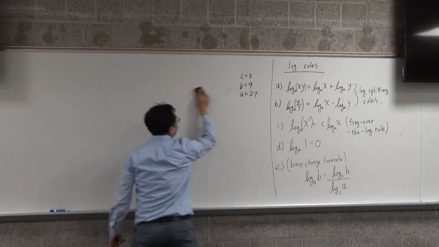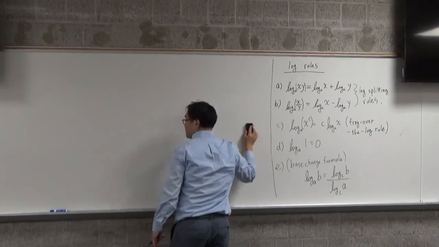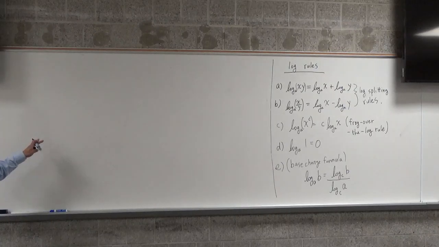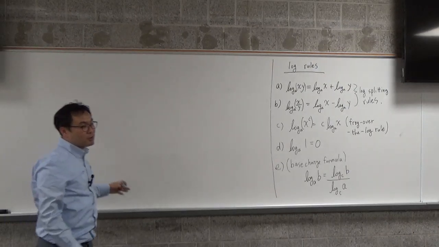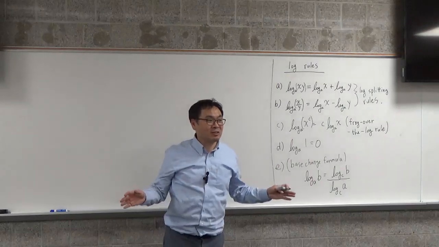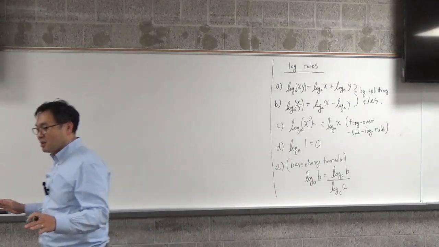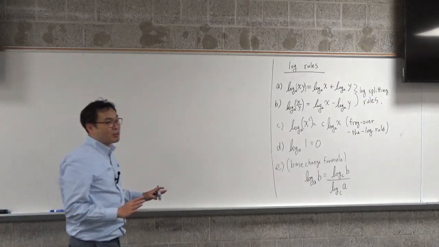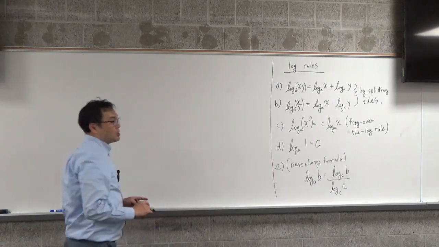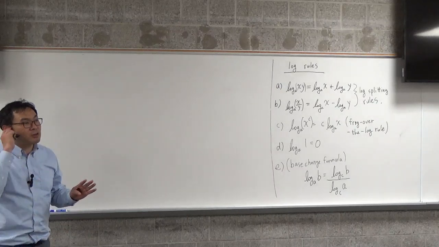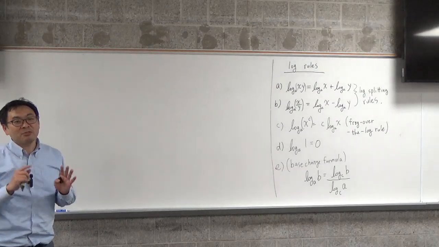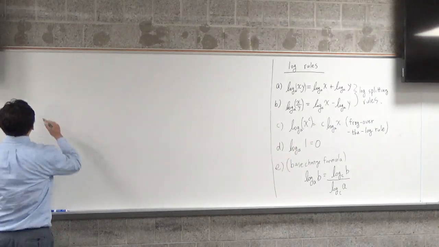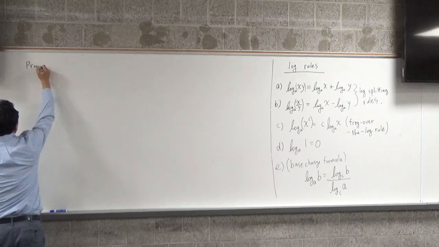We're just going to review the proofs, and seeing them helps you understand why some things are happening. So try your best to understand the proof. You'll definitely have a better understanding of these rules. So let's prove each one of them.